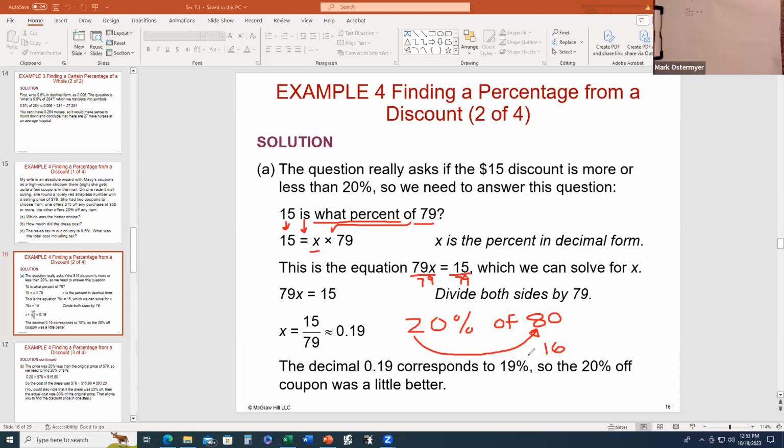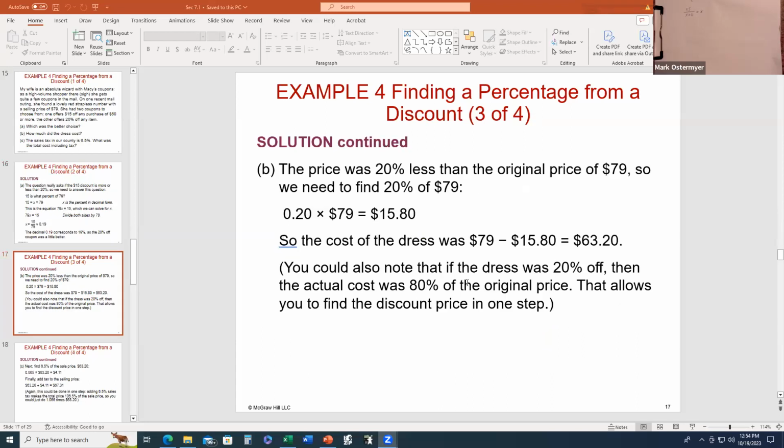So we just guesstimated this in our minds without using a calculator. See how I did that? I bumped 79 up to 80 to ease the calculation burden. 20% of 80, I just took 2 times 80, $16 off. So actually, in reality, 20% of $79 is $15.80.